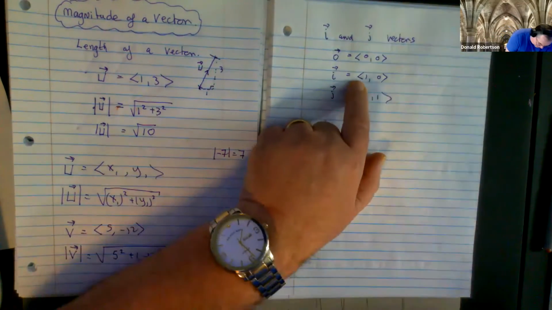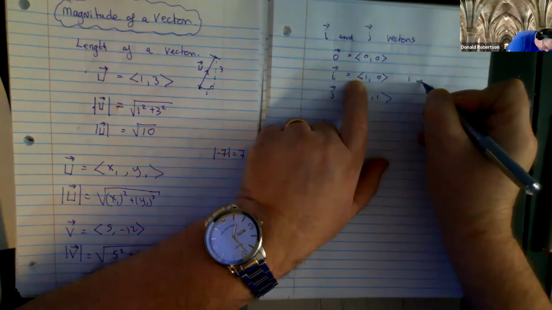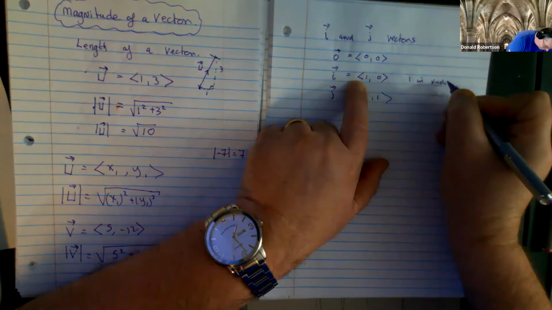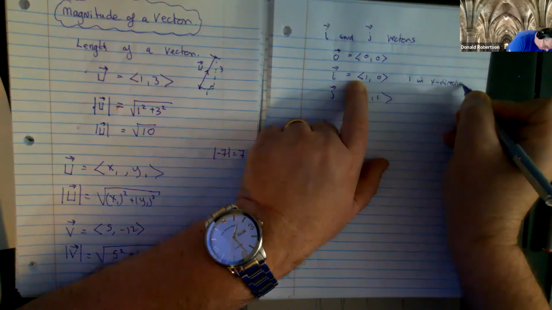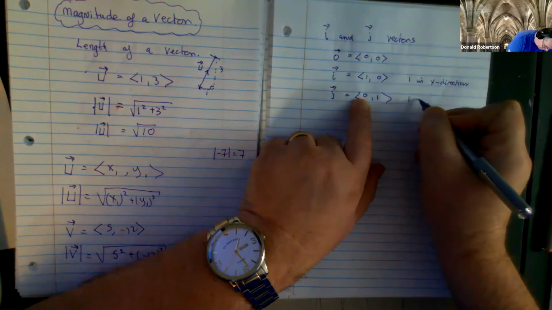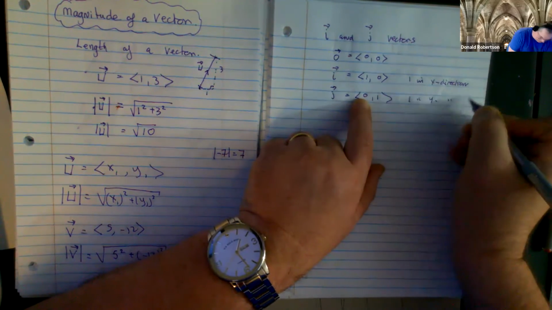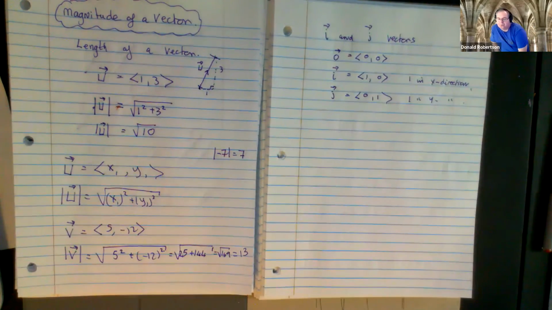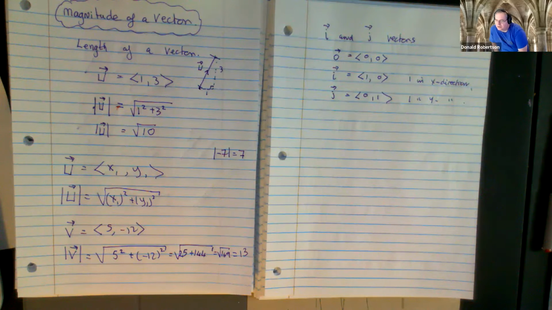So basically that is 1 in the x direction, and this would just be 1 in the y direction. Can you see why those 2 vectors are given their own letters, right? One's called the vector i and the other's called the vector j. Can you imagine that they might be special enough to get their own names?